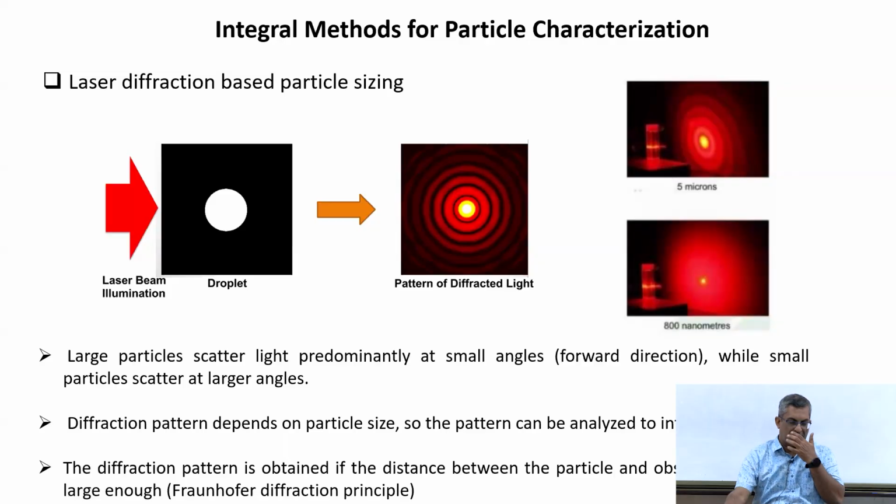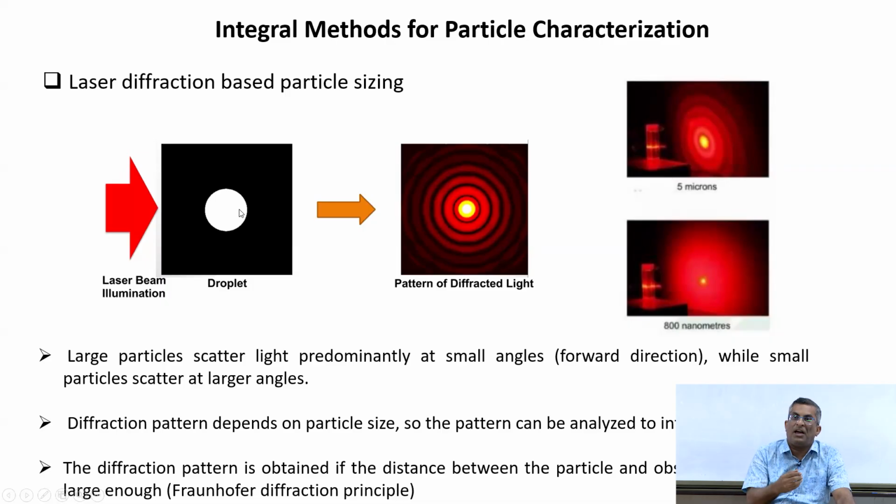How? We'll see that. The most popular one is the laser diffraction based particle sizing technique. As I have discussed earlier, if you illuminate a particle with a laser or a light source, then at zero scattering angle, it is dominated by diffraction, which means bending of light.